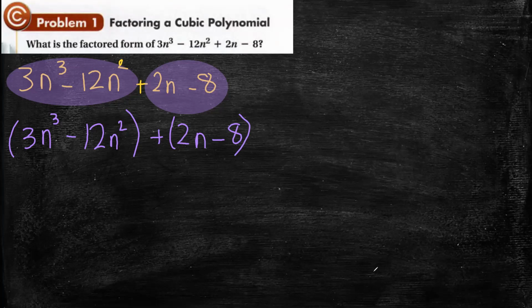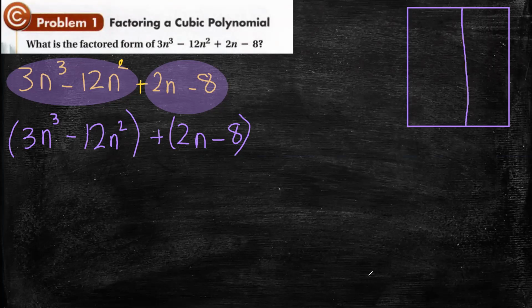Then after that, factor the GCF of each pair. Let's look at the first pair. What did we have here?